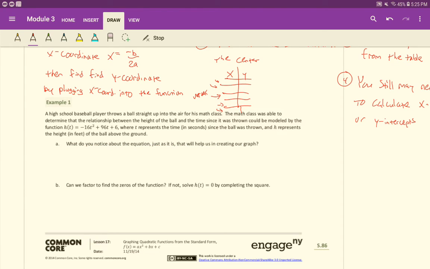So right away, from before, we already know that the y-intercept is going to be 6, because again, you can just plug 0 in for the x values, or in this case, the t values. Okay, we can also find the vertex x coordinate.